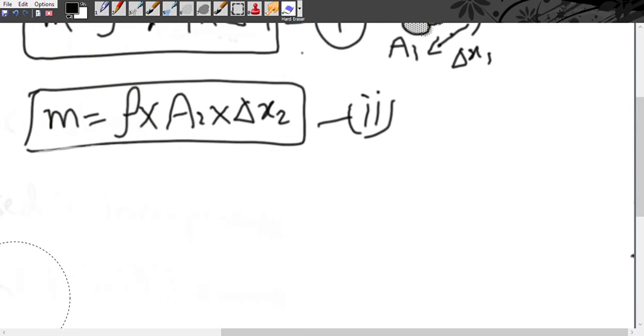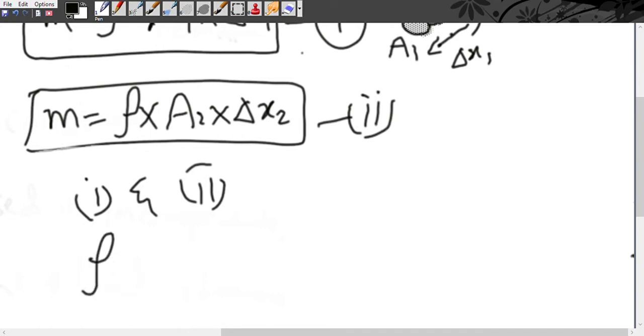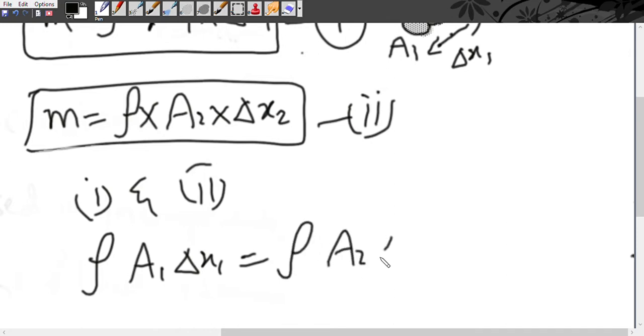As their left sides are equal, we can equate them. After equating equation 1 and 2, rho A1 delta x1 is equal to rho A2 delta x2.